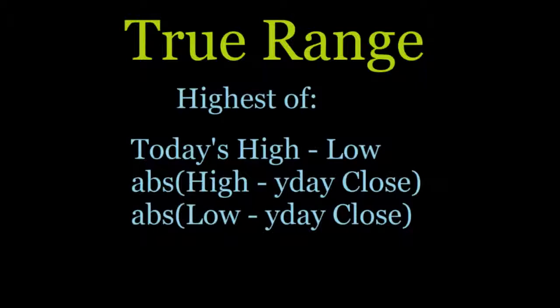So what's true range? True range is just the difference between the absolute lowest price and the absolute highest price within a one-day time period. So it's usually going to be that specific day's high minus that specific day's low, but it can go all the way back to yesterday's closing price.